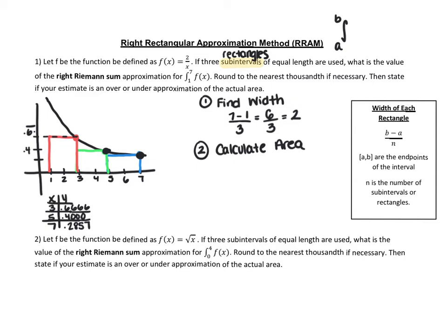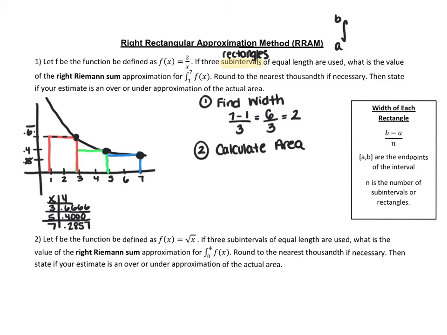For now, I'll just put 0.28 because I'm running out of space. But that's what you're finding. You're finding these heights here and here. So all we're going to do is multiply. 2 is my width. Now this height is my 0.6 repeated. We have a width of 2, height of 0.4, a width of 2, and a height of 0.28.